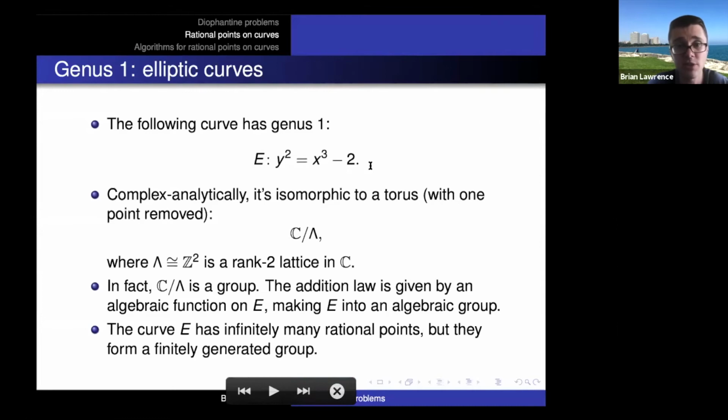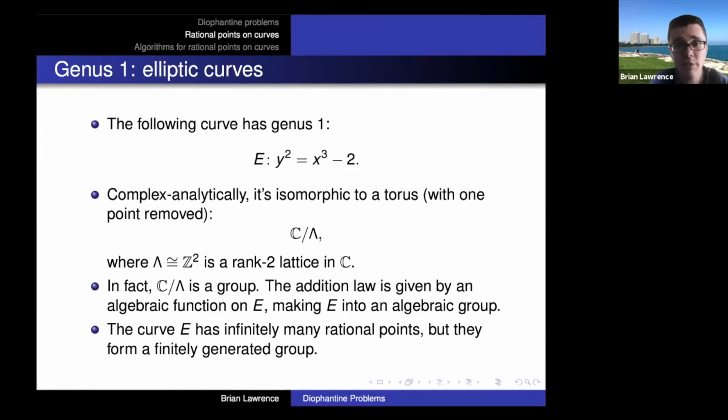How many solutions does this equation have? And the answer is, well, it has a lot. There are infinitely many. But under this group law, the rational points form a subgroup of all the complex points of E. And the subgroup of rational points is actually finitely generated.